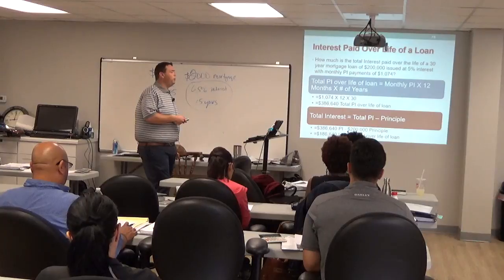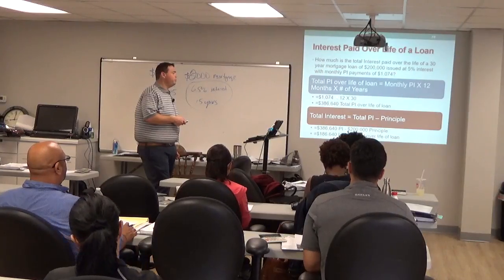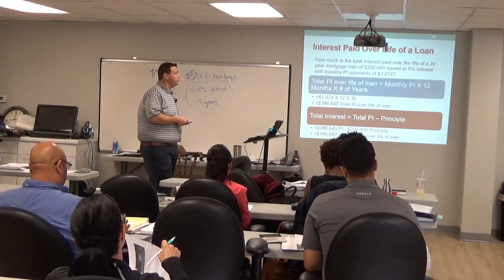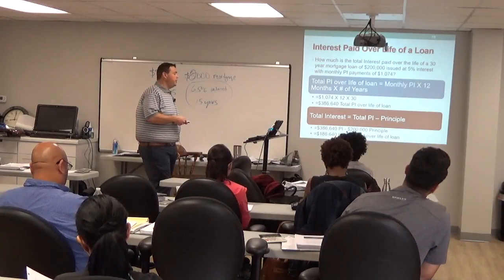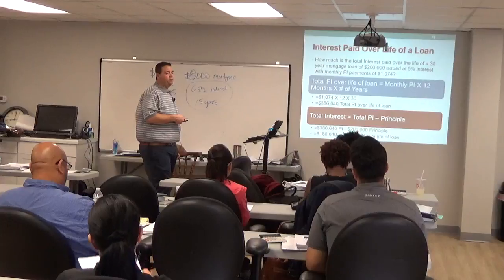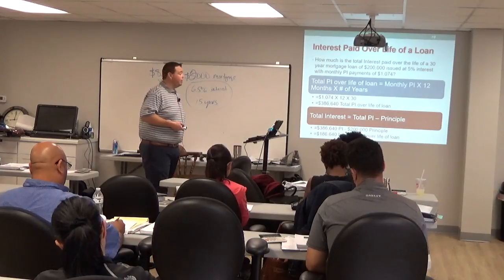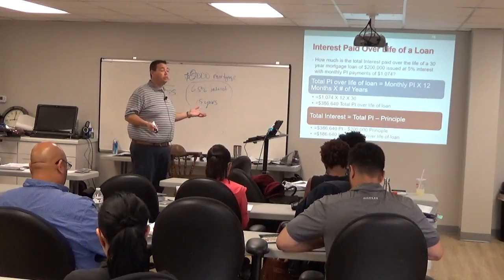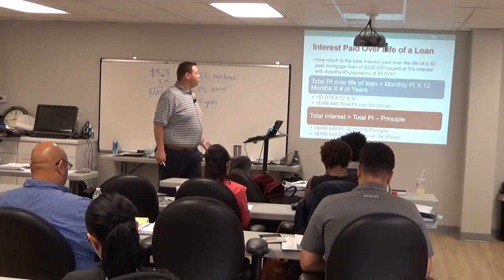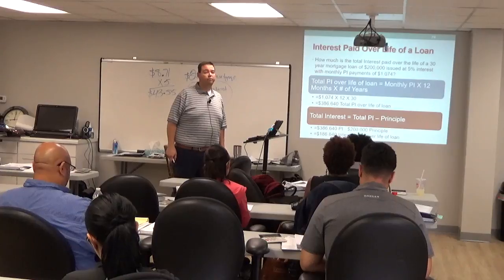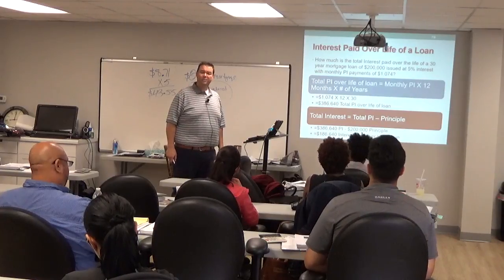Well, we take that total PI payment, $1,074, times 12 months a year, times 30 years. That's the $386,640, minus the $200,000 principal amount. The difference is our interest. So over the life of that 30-year loan, we would pay $186,640 in interest. That's an ugly number.